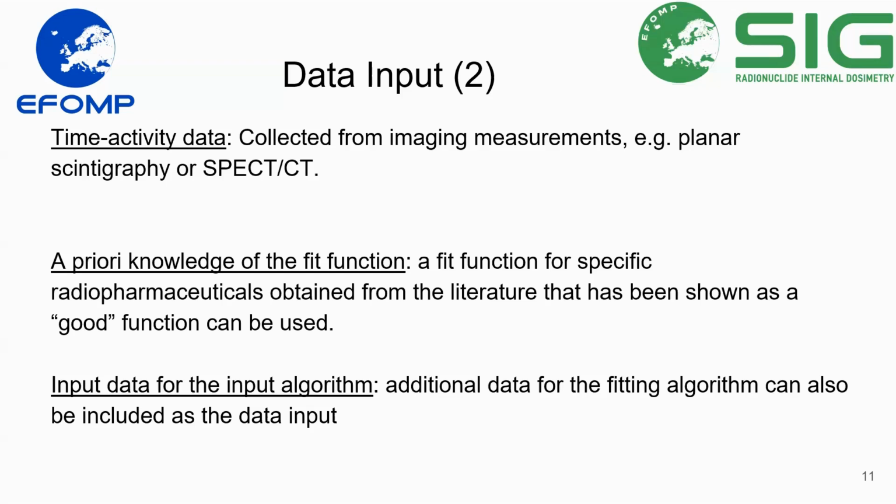If someone has already shown that it is a good function for our radiopharmaceutical case, we can use it. Additional data for the fitting algorithm can also be included as data input.